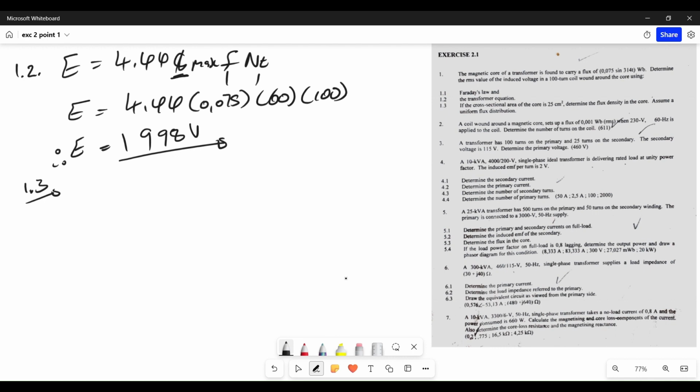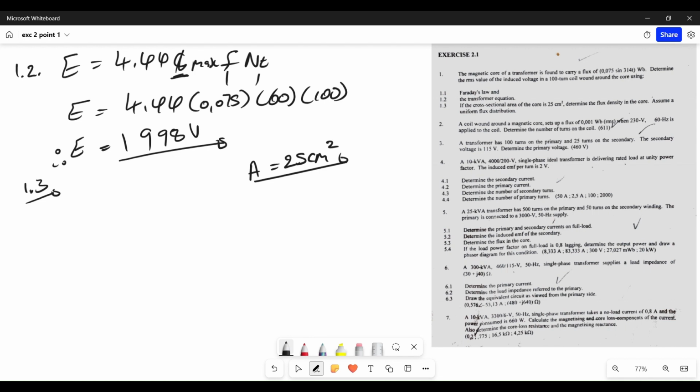So in this case they're saying you are given area as 25 centimeters squared. Determine the flux density in the core.